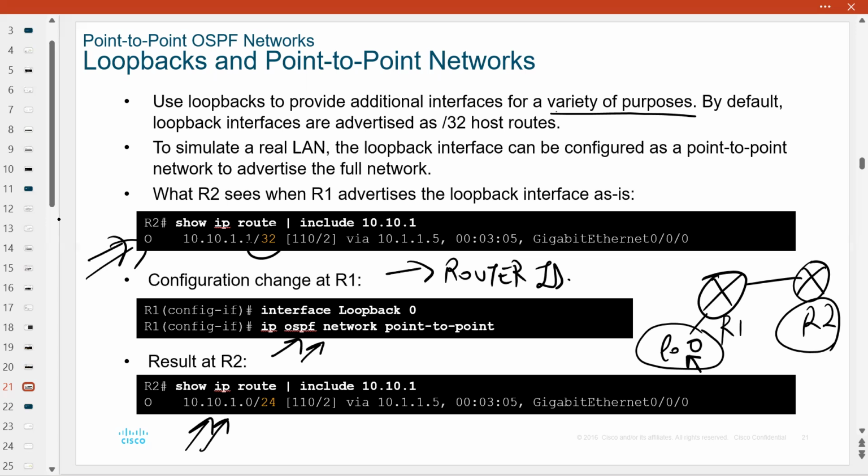Two, you can use the loopback interface to simulate a local area network. A network and a host are two different things. This command differentiates a host and a network. And voila, from the routing table, we now have a network being advertised.